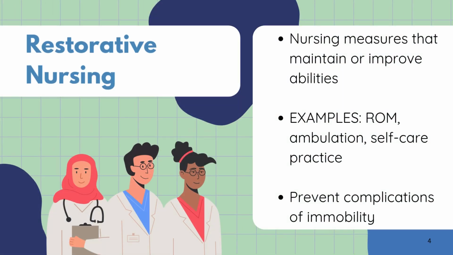So, restorative nursing picks up where rehab leaves off, or sometimes it runs alongside it. So think of it as everyday practice that helps a resident maintain or slowly improve abilities. Examples from your text are range of motion exercises, or ROM, ambulation, practice feeding, practice grooming, and practice toileting.